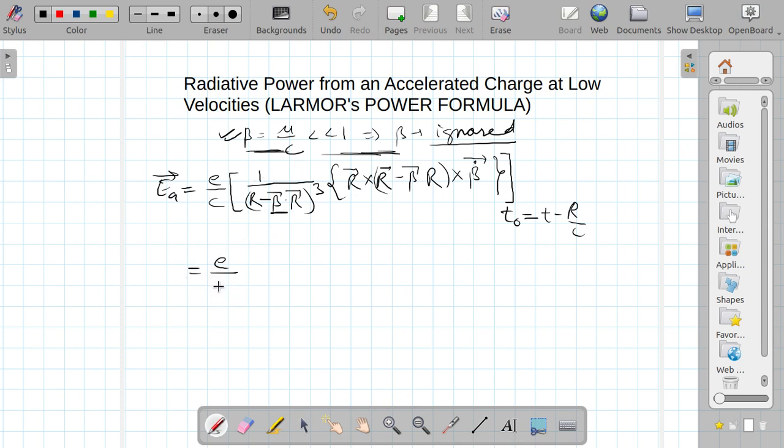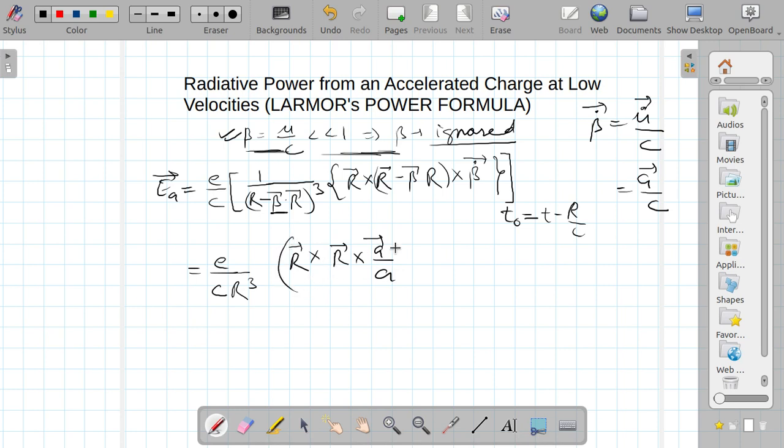Then the expression becomes E upon c R cubed, because I ignored this term, times R cross R cross beta dot. Beta dot can be written as u dot over c, or a upon c.